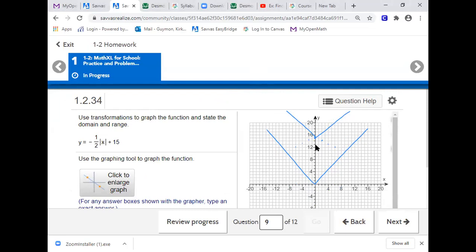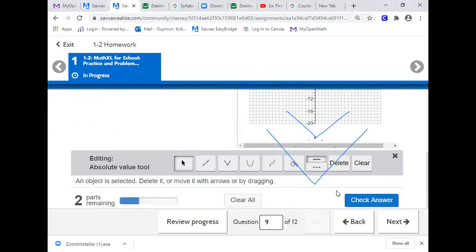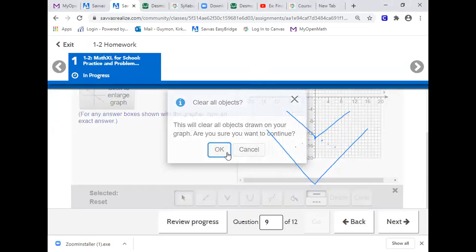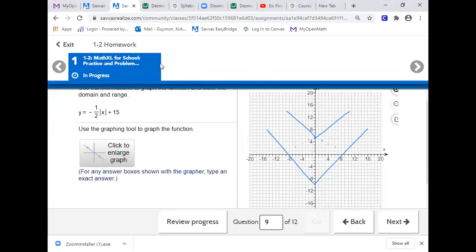Go up there to that 15. Got these lines in my way. I can't tell where I'm at. Clear. Clear. Is there any way to erase everything other than this eraser? Get that stuff out of my way.